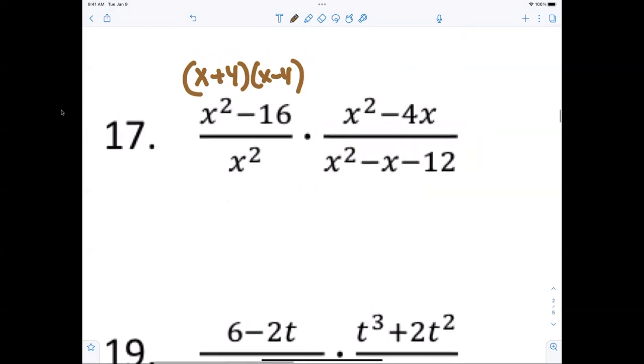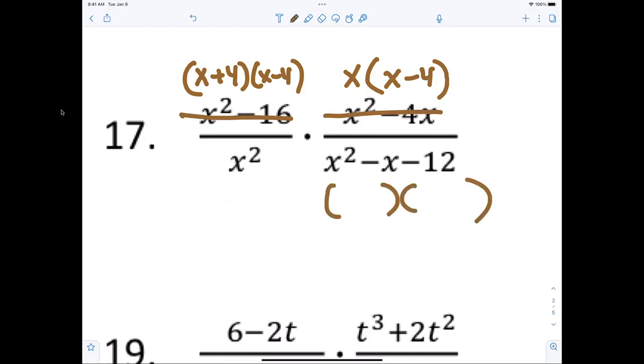There's a greatest common factor. It's just x, and then x minus 4. You are amazing. Now what?